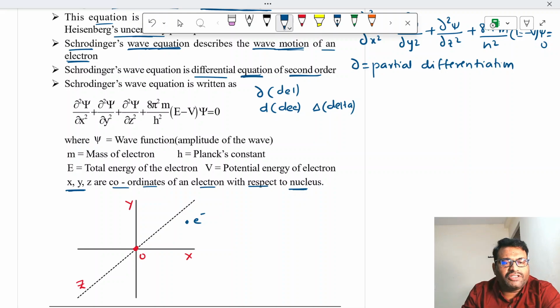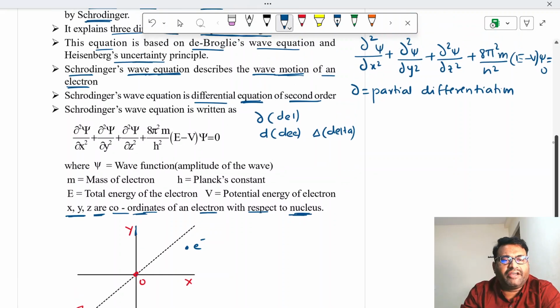The position of this electron with respect to the x-axis, the y-axis, and the z-axis, these x, y, z represent the coordinates of the electron with respect to the nucleus.